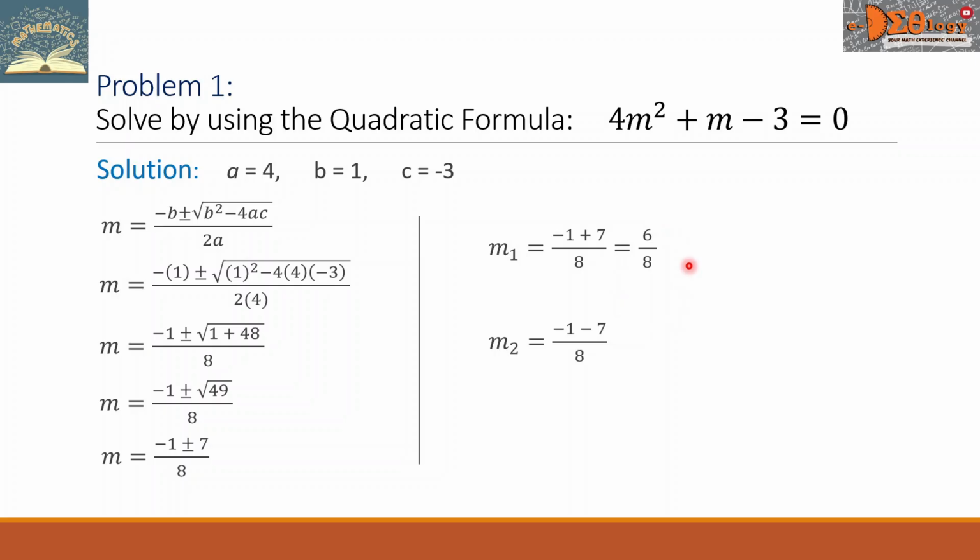And we simplify this fraction into 3 over 4. For the m sub 2, we're using the negative sign. So negative 1 minus 7 divided by 8. In the numerator, it becomes negative 8. Then we divide by 8. The answer is negative 1. These are the two values for the m.